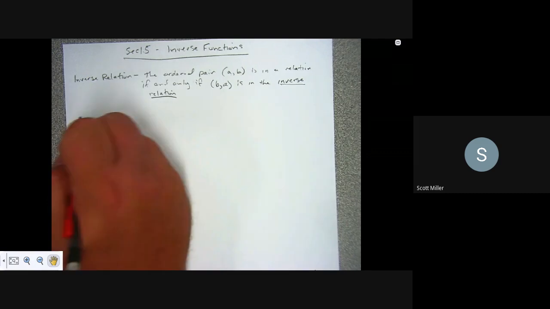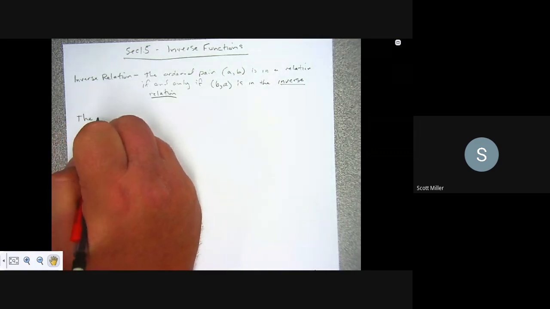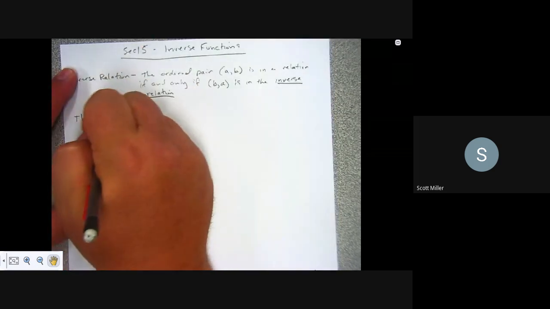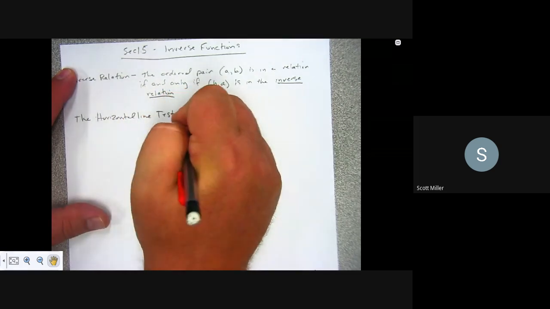Now I'm going to talk about the horizontal line test. I'll illustrate here with an example.